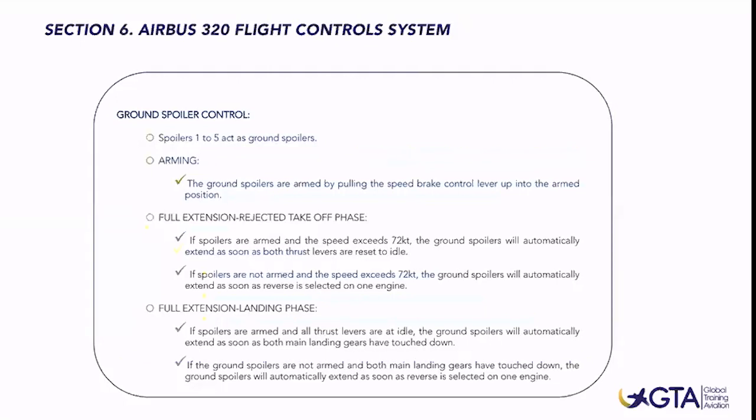Retraction. How can we retract the spoilers? Usually the ground spoilers retract after landing. Once we vacate the runway, the pilot will push the spoiler lever down, and the spoilers will disarm and retract.